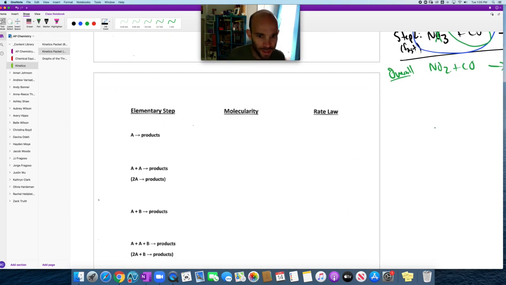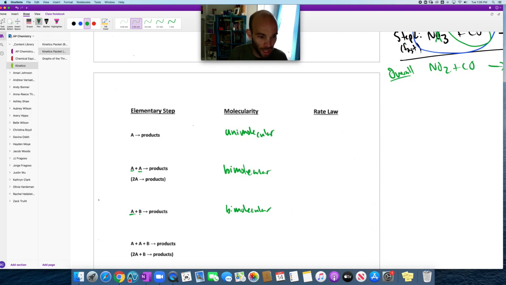Okay, so this is a unimolecular step here. Talked about those just a second ago. These both here are bimolecular, two different cases for bimolecular. You could have two of the same species or two different species.